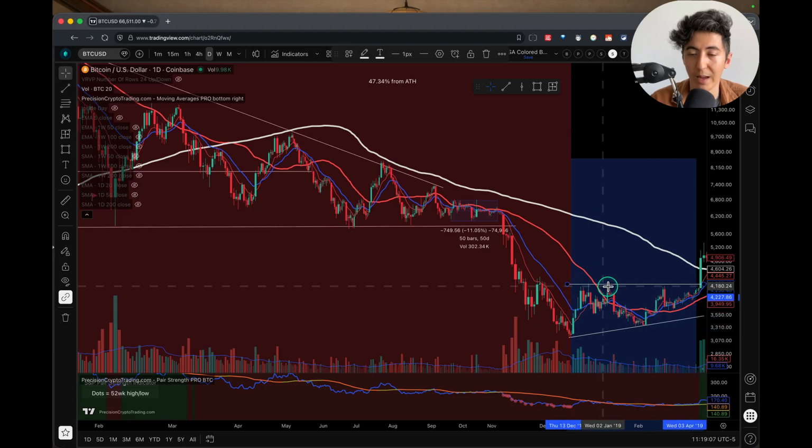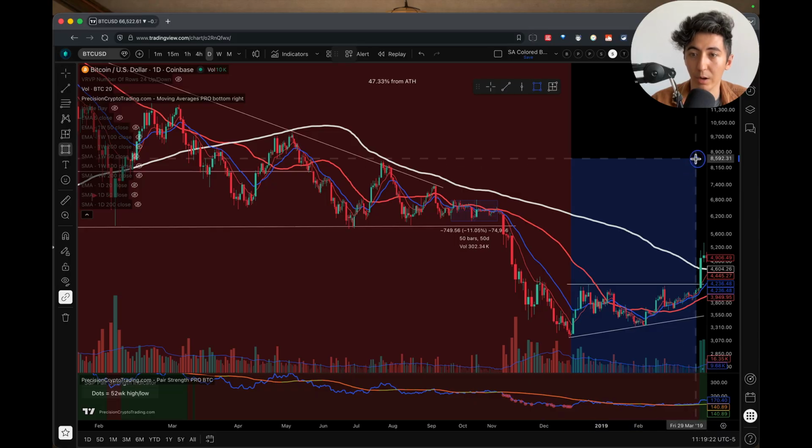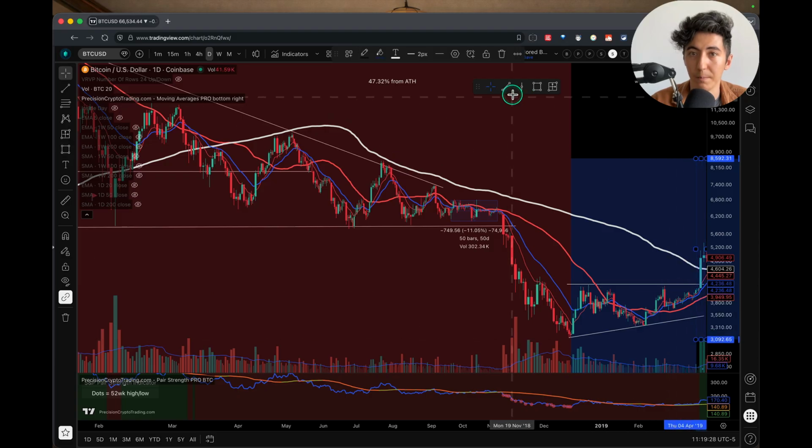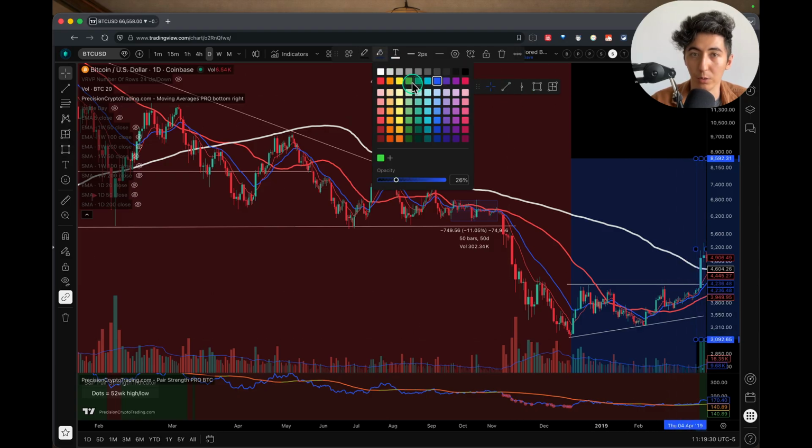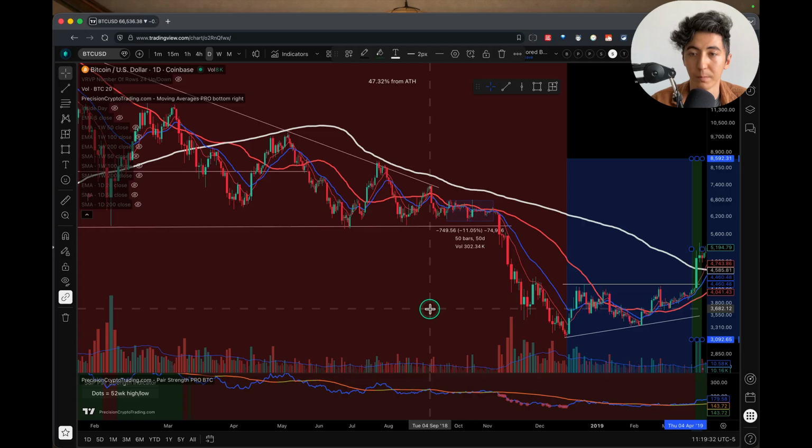We have this flat top, horizontal resistance, and we could see prices starting to respect the moving averages, and it's going, and then it breaks out. To me, this is the first indicator of a stage 2, which we'd also call a stage 2A. 2A is the early trend.